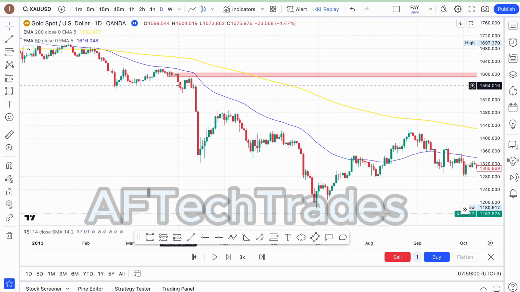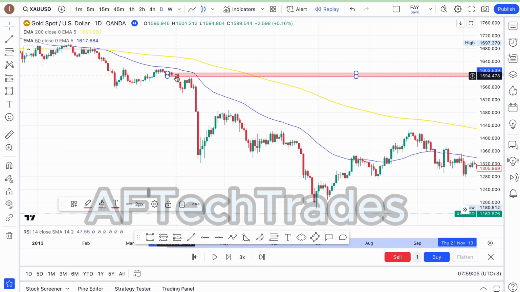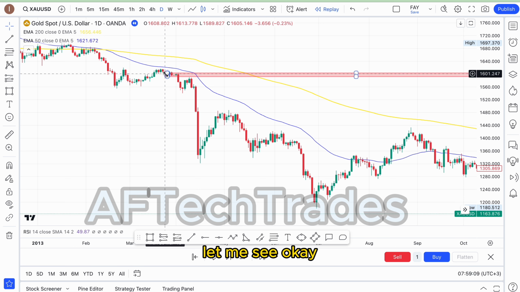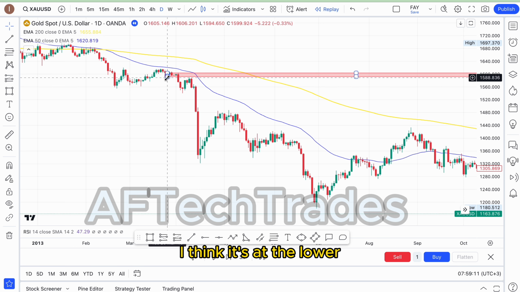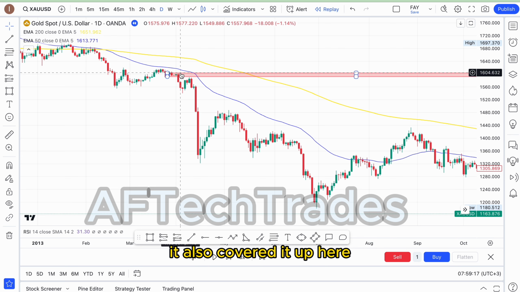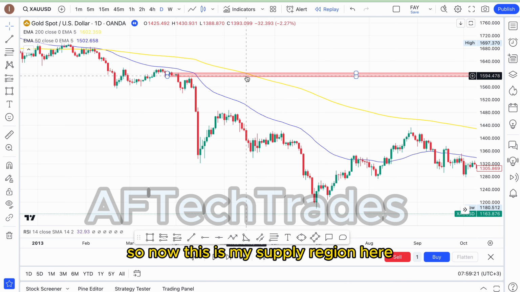I can't see that candle well. Let me see. Okay, I think it's at the base of this candle. Then it also covered up here. So now this is my supply region here.